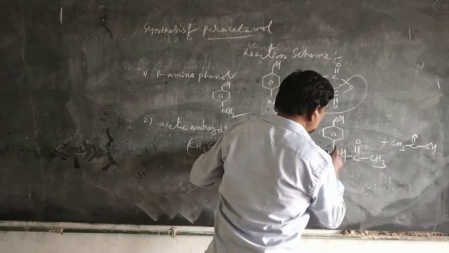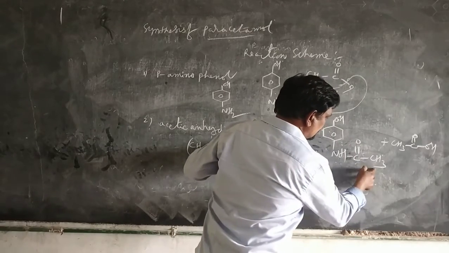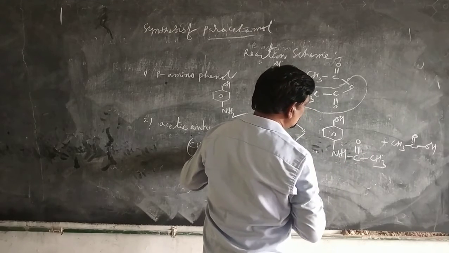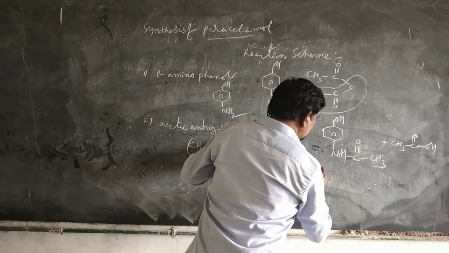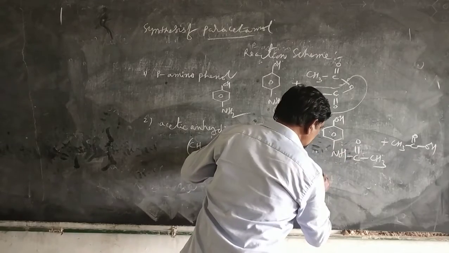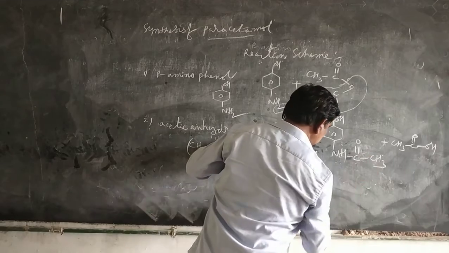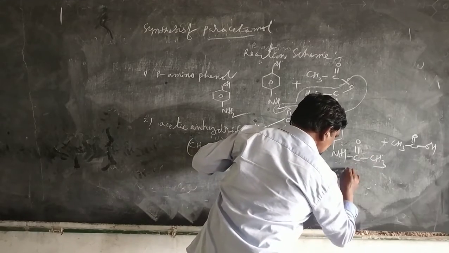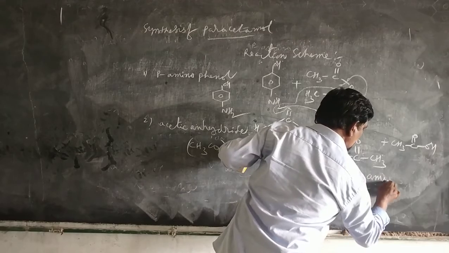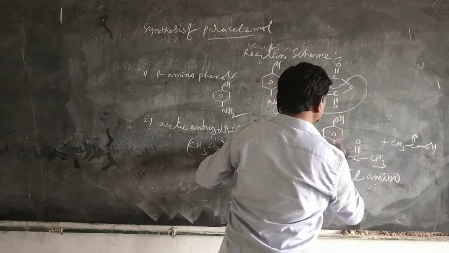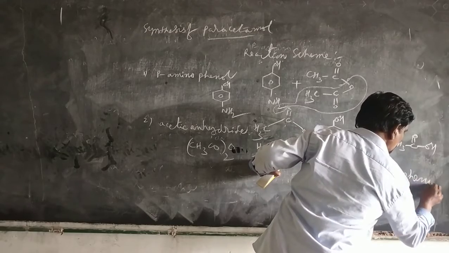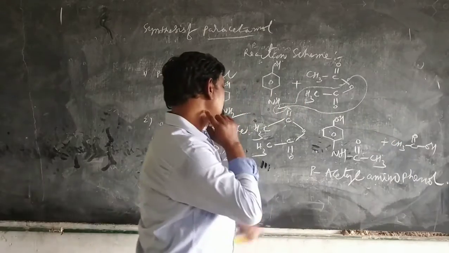So at the para position there is a CH3CO group and an amino group. That's why the compound is named para acetyl amino phenol, which is known as paracetamol.